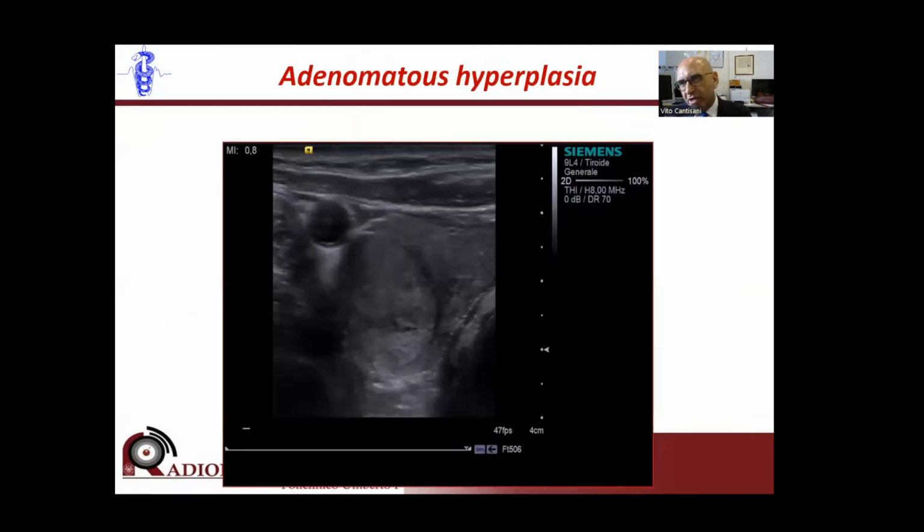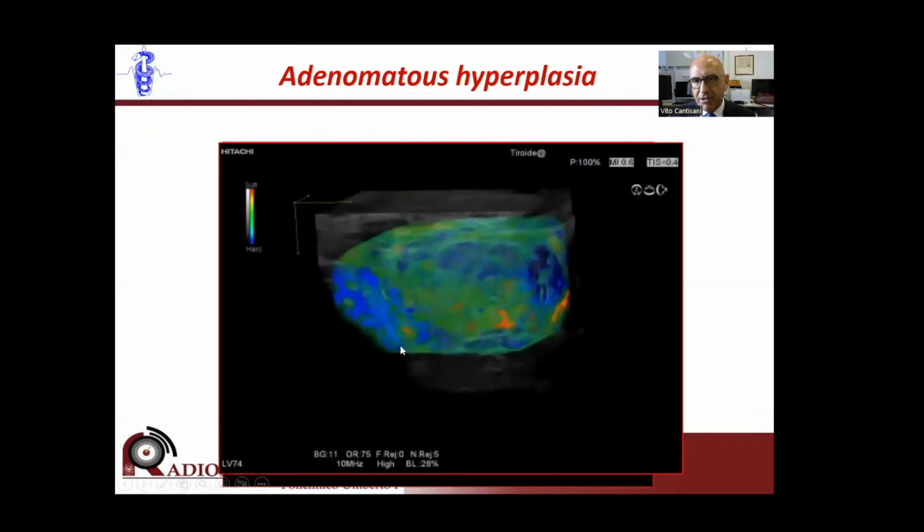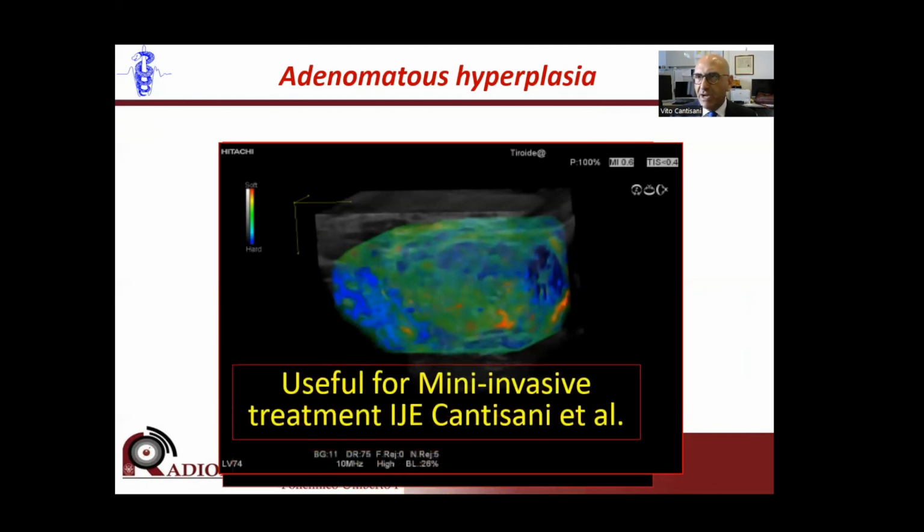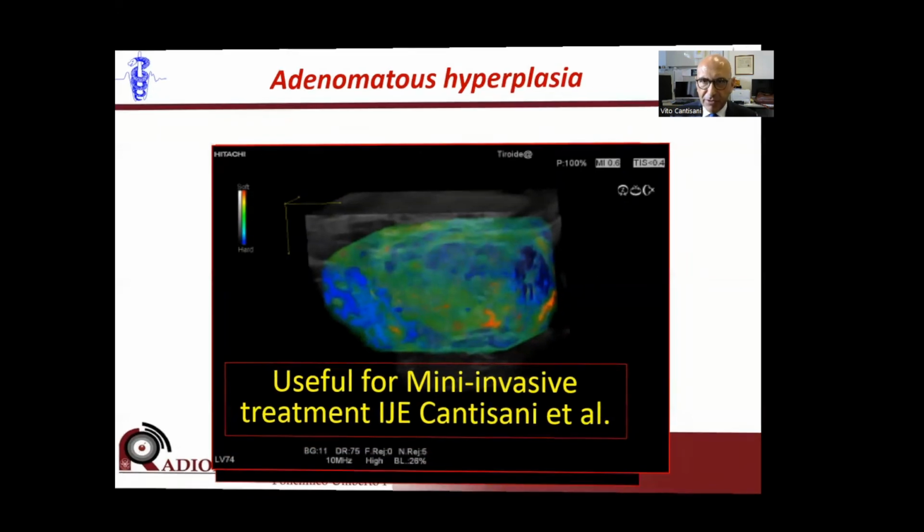And this is really the Achilles heel, the weak point of our examination. Again, you see this case, then you decide to have the volumetric representation that some of us showed can be useful for treatment evaluation.